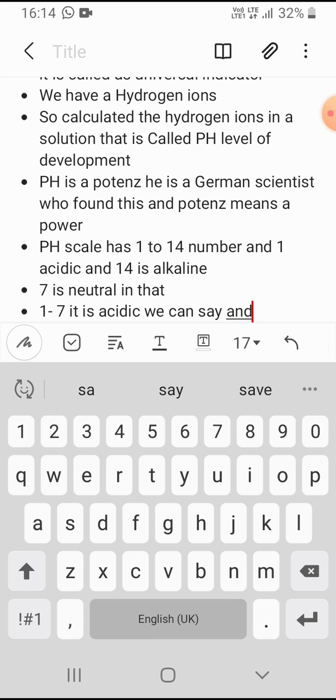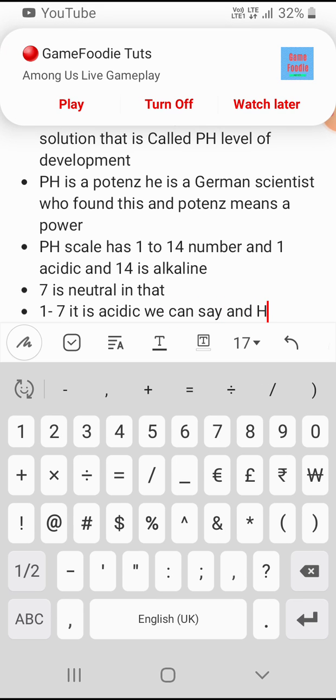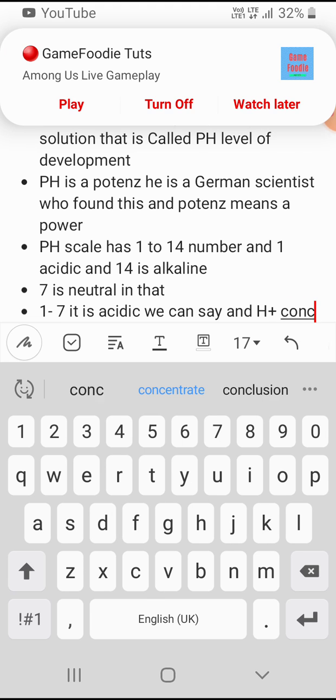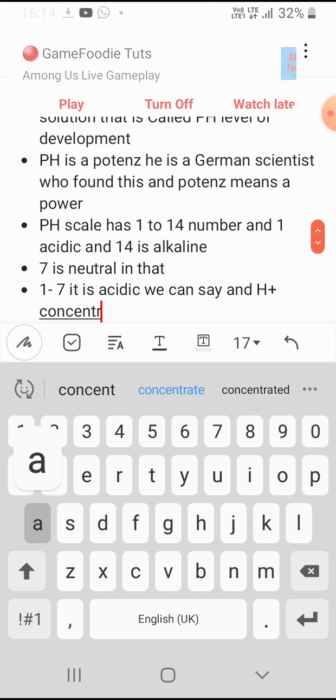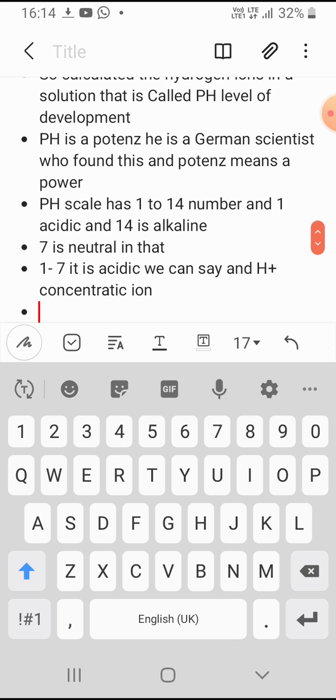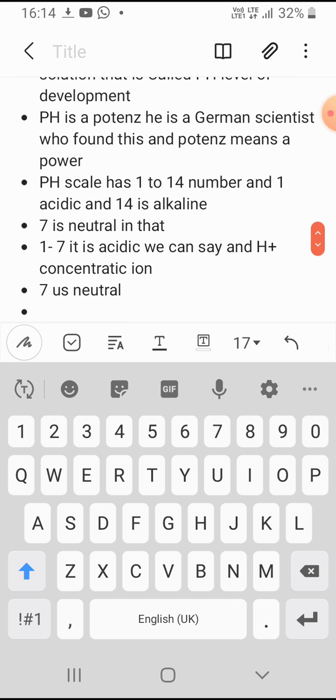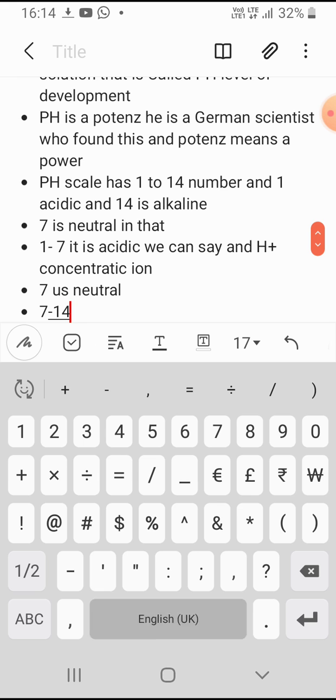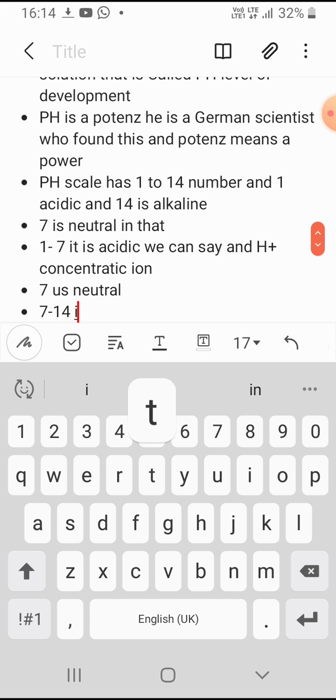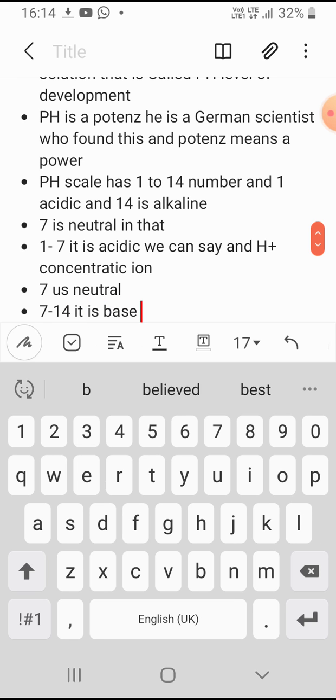And it has H plus concentrated ions. And 7 is neutral, as I said, both acid and base. And from 7 to 14, if we get a number there, it is a base, we can say.